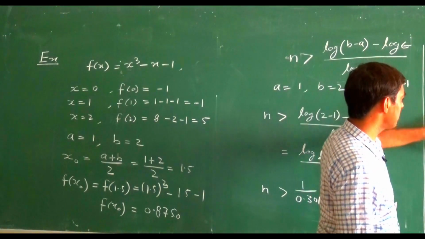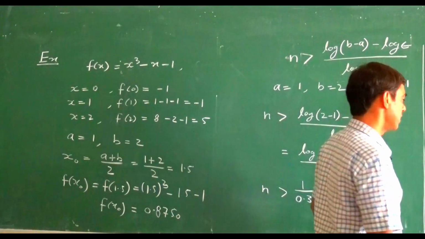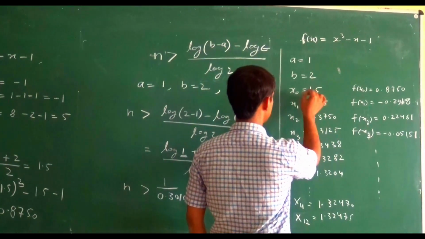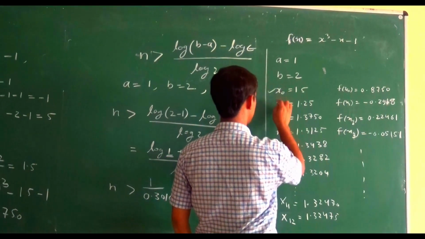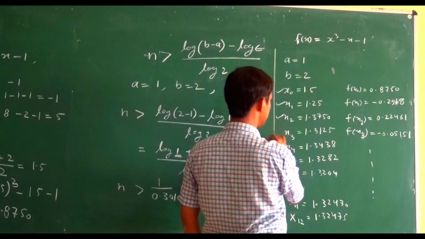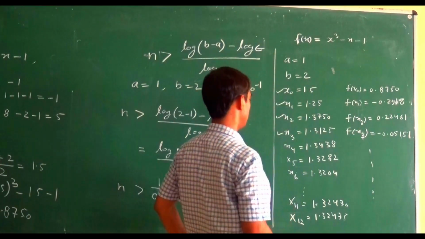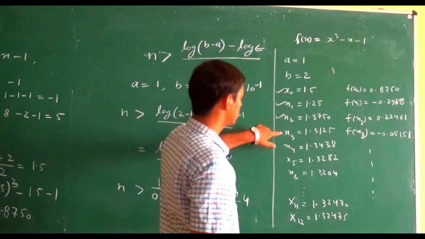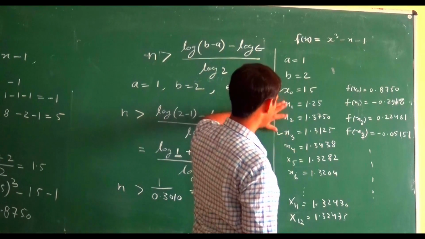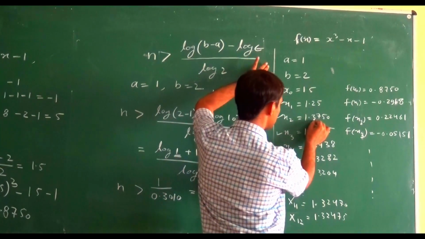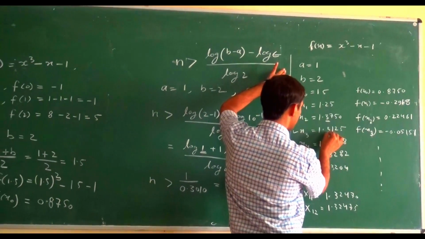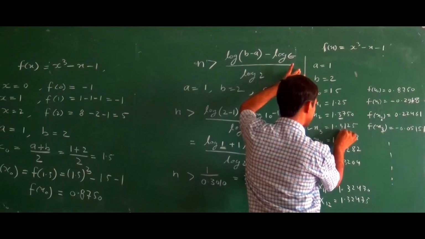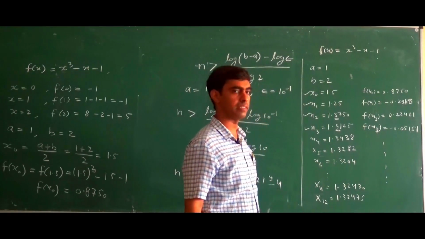So if we closely observe the solution, here this one is the first iteration, this one is the second iteration, this one is the third iteration, this one is the fourth iteration. So n must be greater or equal to 4. Up to the 4th iteration, if we closely observe, you will see the root is repeated up to 1 decimal place.